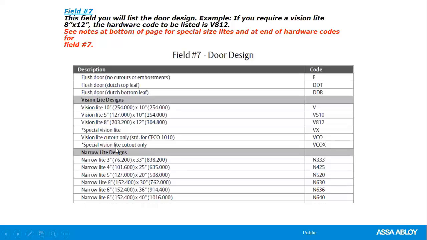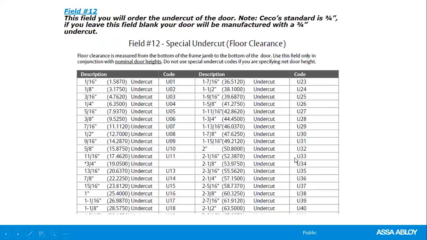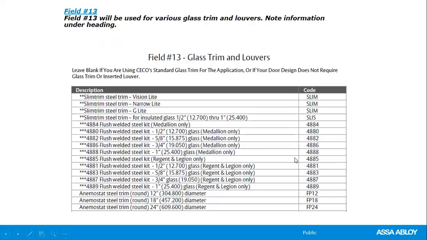These are all pretty much your industry standard sizes, and we have a whole other list of them also. This field here is going to get into, as it says there, flush welded in steel kits. So these are going to be your really more complicated lights and louvers. Any other questions, Pat?